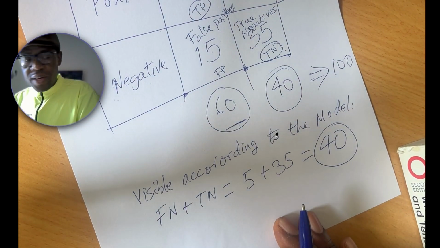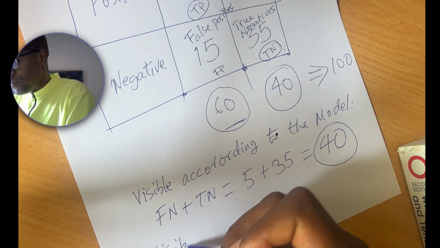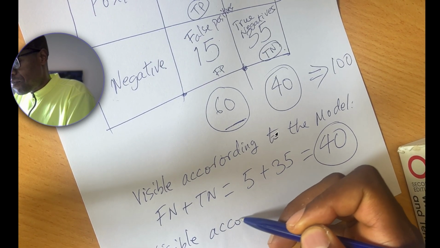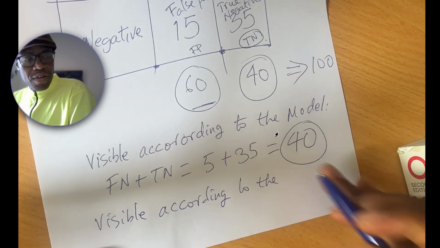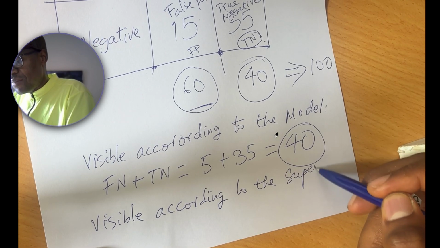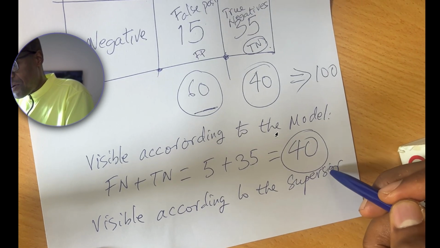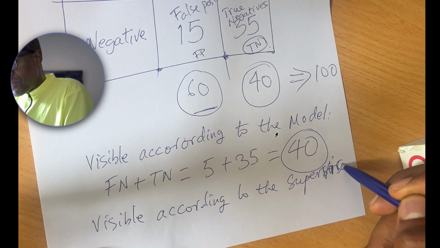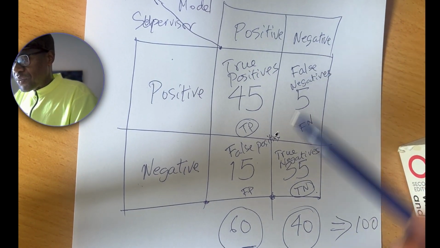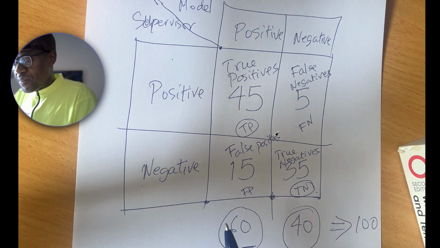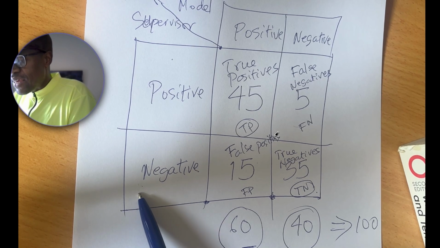But if we define visible according to the supervisor, or according to the ground truth, that's what the supervisor sees or doesn't see.